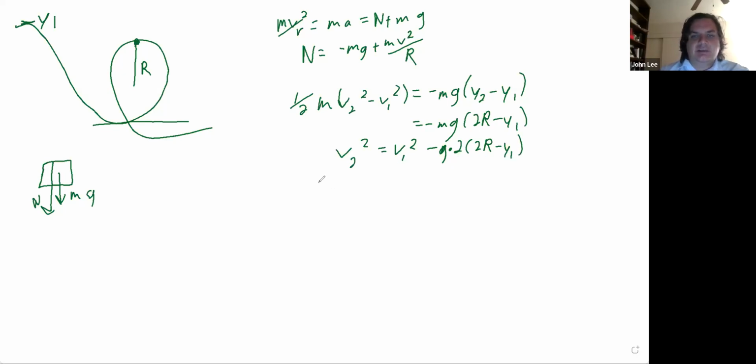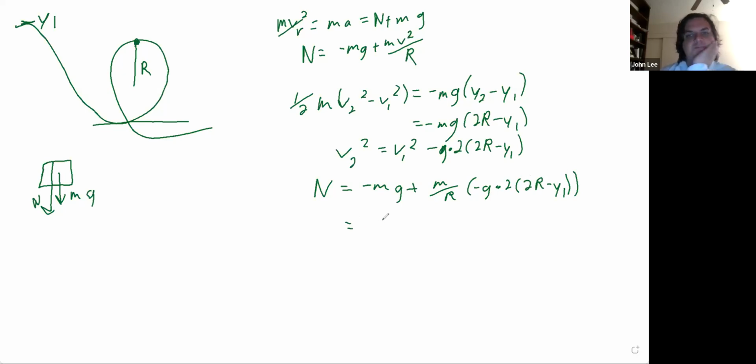So n is equal to negative mg plus m over r times negative g times 2 times 2r minus y1, equals negative, or equals, plus, and then there is no v1 squared because it starts out from rest, is what I should say.